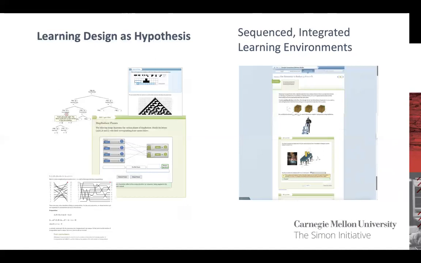By framing the question in this way, this allows us to evaluate the validity of that hypothesis, which is a different way of approaching how well we understand and improve our courses. And this has a sort of interesting implication in that we really are building sequenced, integrated learning environments. And I contrast that with a model of online education that, rather than having things sequenced and integrated, instead might have a collection of links for videos and a separate collection of links for exercises and another collection of links that points you to assessments.